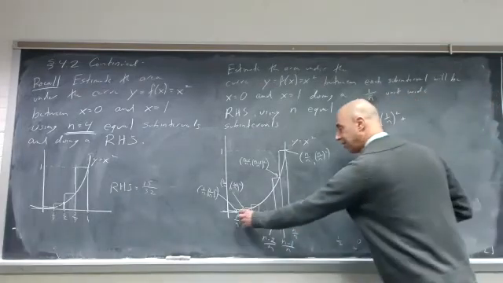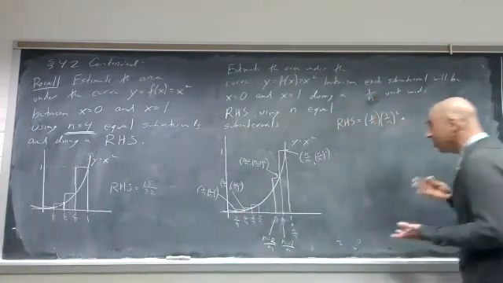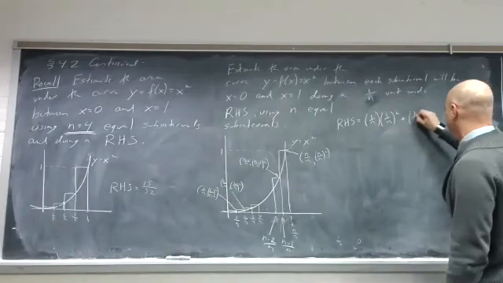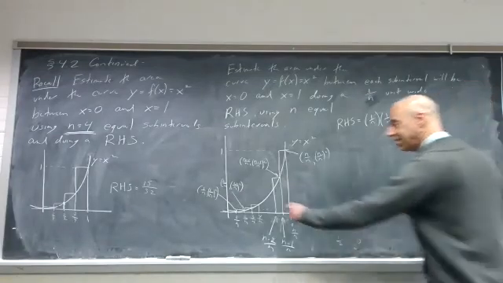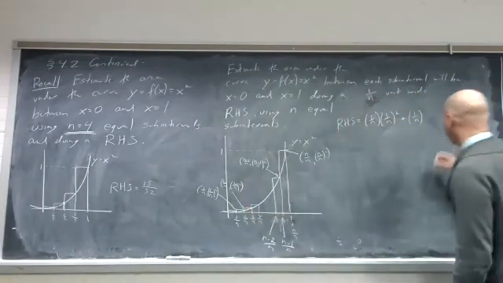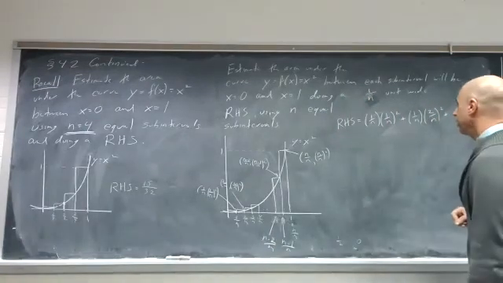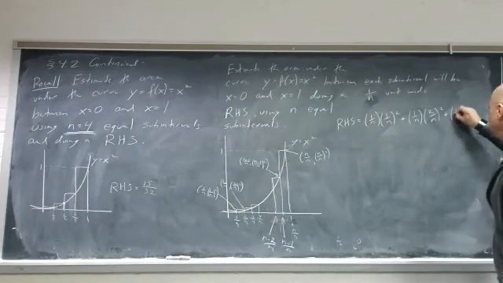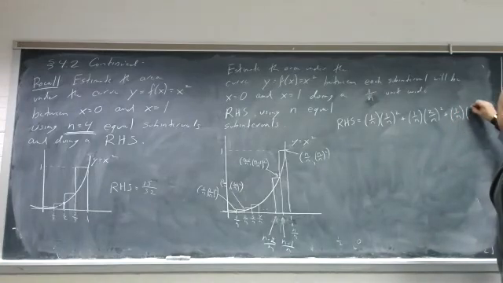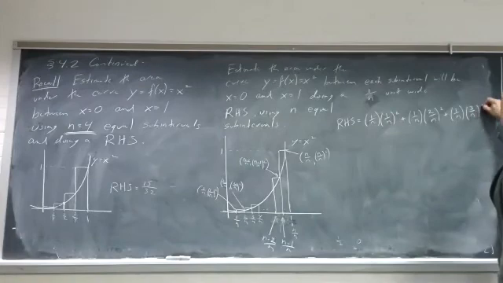That second rectangle, its width is also 1 over n. All the rectangles have the same width. And its height is 2 over n squared. The third rectangle, its width is still 1 over n, and its height is 3 over n squared.